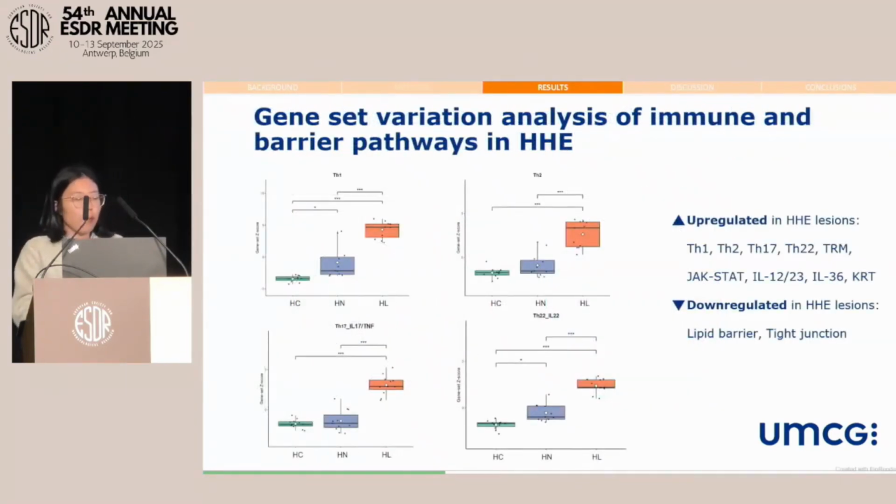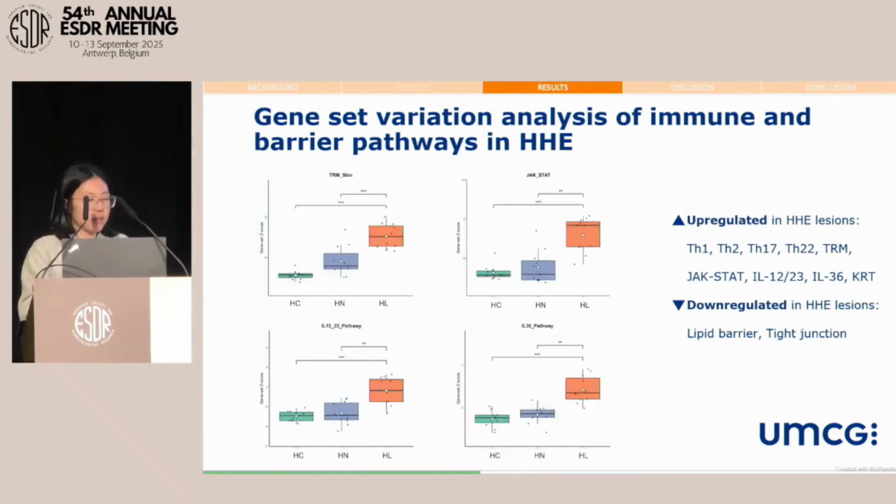To provide an overview of the immune and barrier pathways, we performed gene set variation analysis, and it showed strong and significant enrichment of Th1, Th2, Th17, and Th22 in lesional skin. The non-lesional skin also shows significant enrichment in Th1 and Th22.